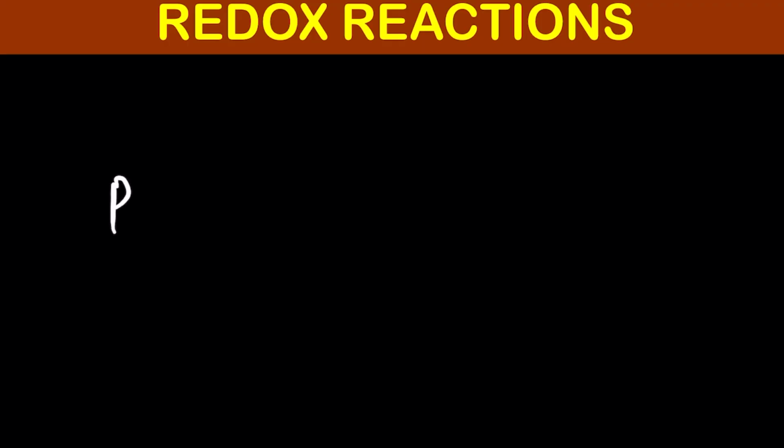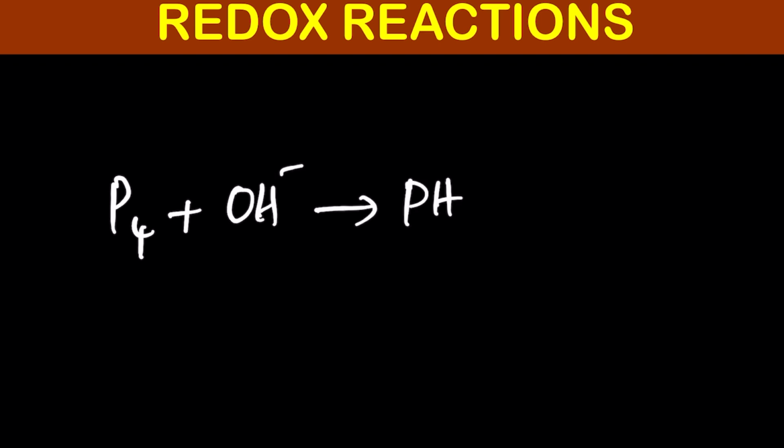When there is an increase in the oxidation state from reactant side to product side, it is said to undergo oxidation, and if there is a decrease in oxidation state, then it is said to undergo reduction. This is a simple redox reaction. But if we take another example, P4 plus OH minus gives PH3 plus H2PO2 minus.